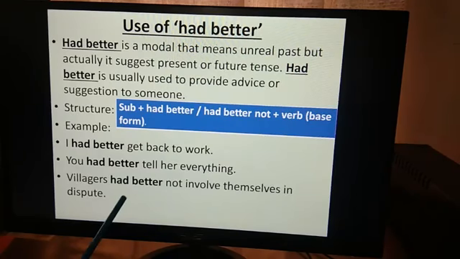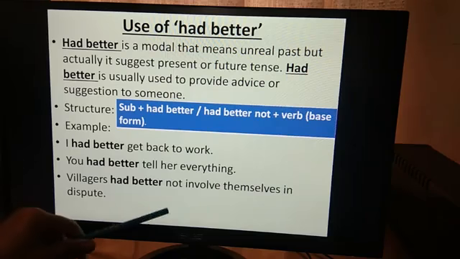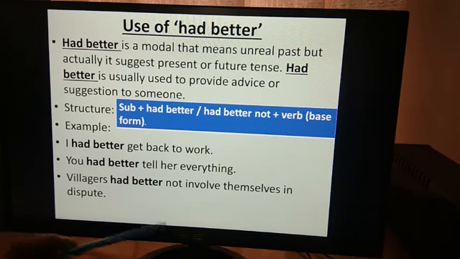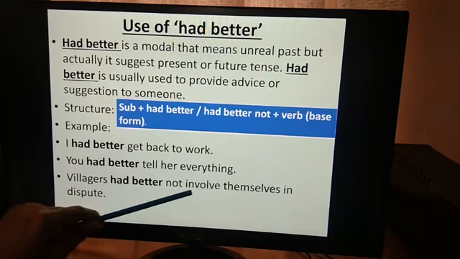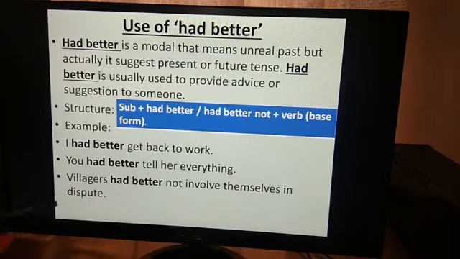This is a negative sentence, so we use had better not. Villagers had better not involve themselves in dispute. Villagers had better not, this is a negative sentence. We have used had better not involve themselves. Involve is a verb in base form.